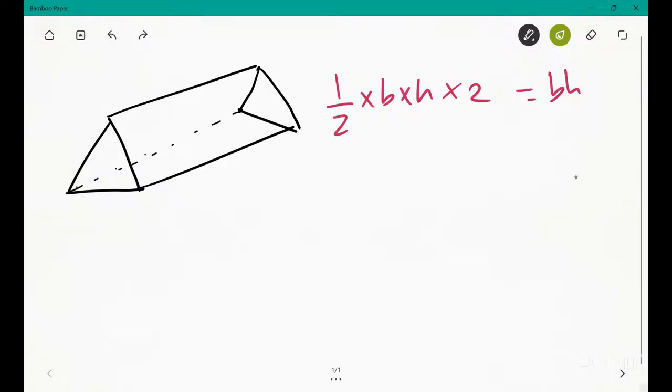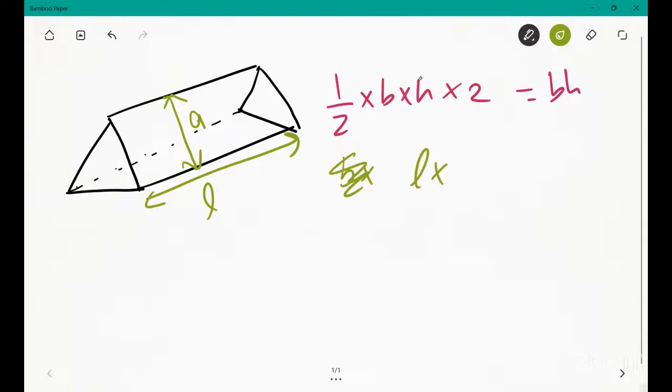But if it's isosceles, only two sides are the same and one is not. If it's equilateral, let's take this as A and this as the length. So length into A is one rectangle, and if all three are the same, it's going to be into 3.